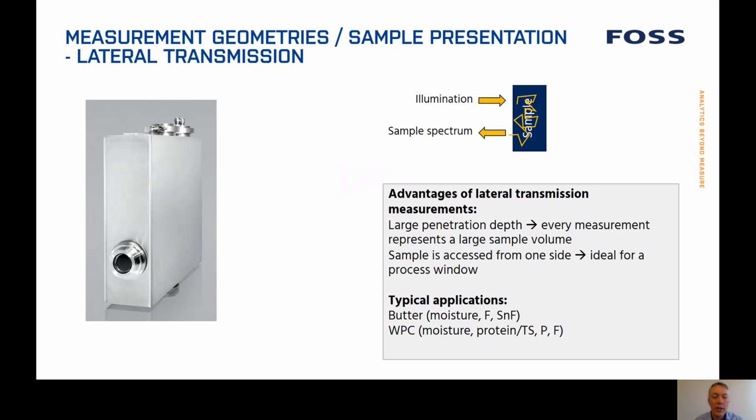The advantage is that you get a large penetration depth into the sample and every measurement represents a large sample volume. And the sample can be accessed from one side, which means it is ideal for a process window looking into, for instance, a dairy process. Typical applications are butter or WPC, and parameters could be moisture, fat, solid non-fat, and so on.